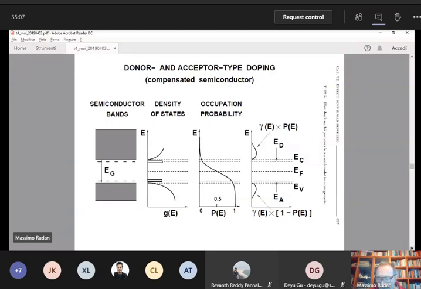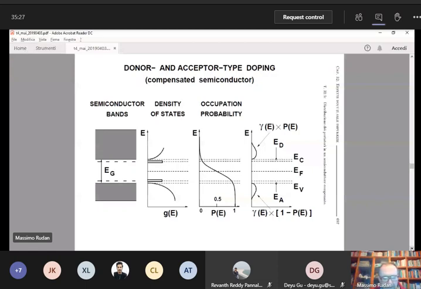Okay, if you start introducing first the n-type dopant, you remember the Fermi level will go up with respect to the intrinsic case, okay?